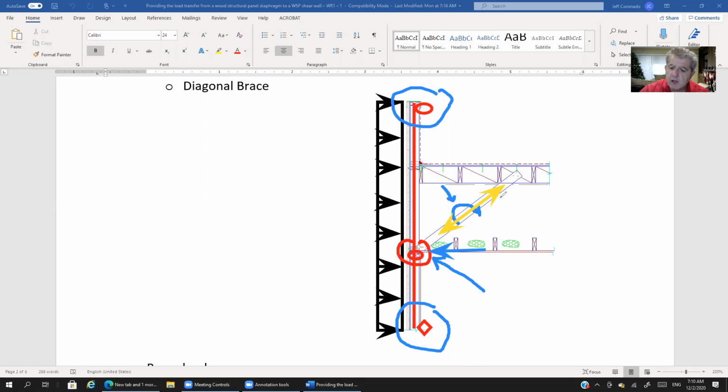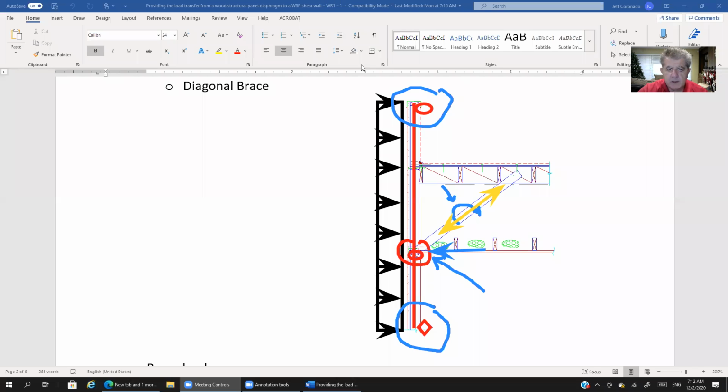And in yellow, I'm showing you an axial force. And again, it is reversible. So depending on the direction of the load, that axial load will act in compression or in tension. So that's the question. Does the brace carry flexure, or does the brace only carry axial load? I'll let you think about that one for a second, and then let you know that the brace only carries axial load.